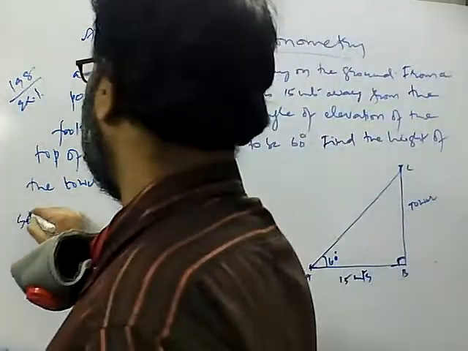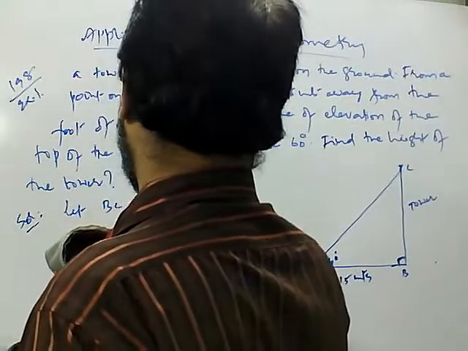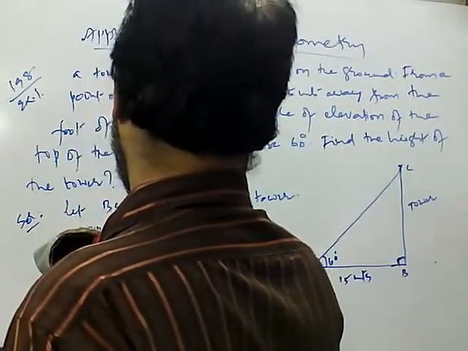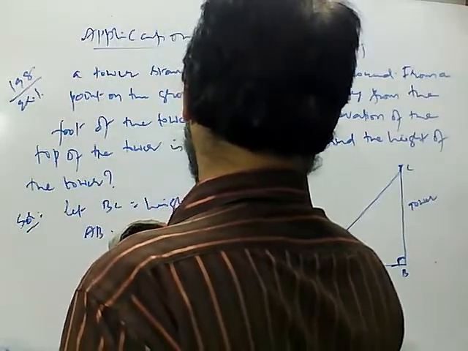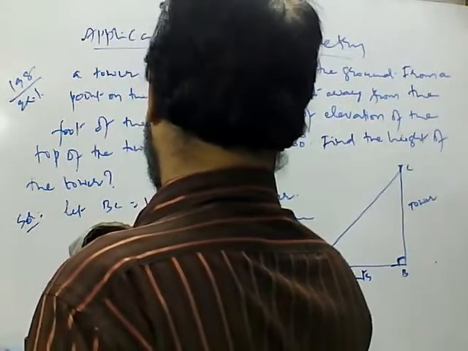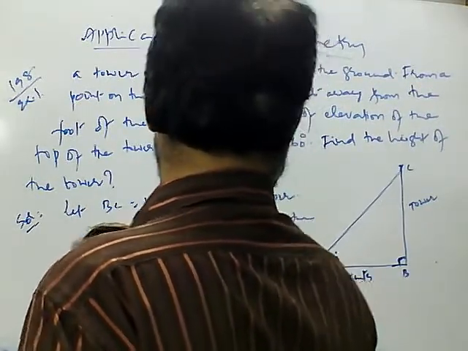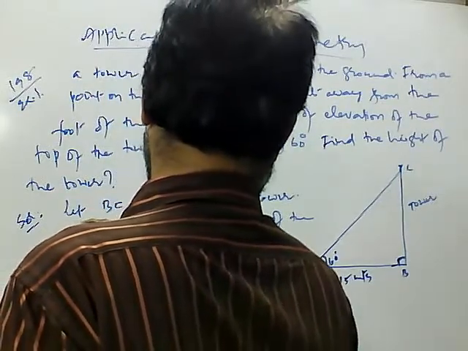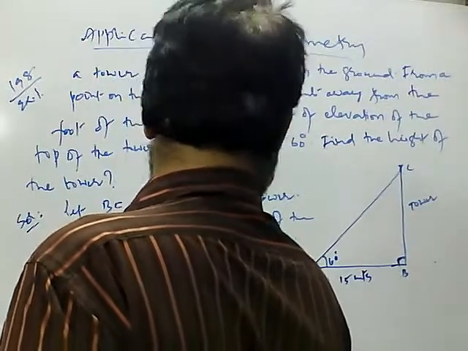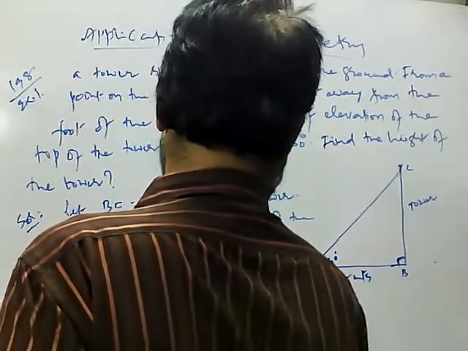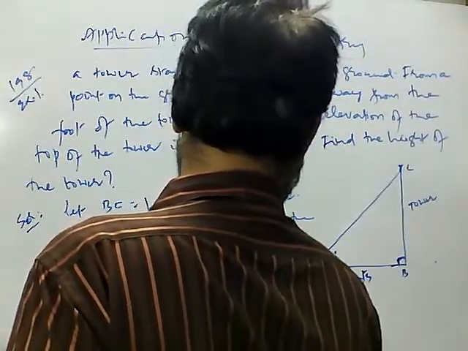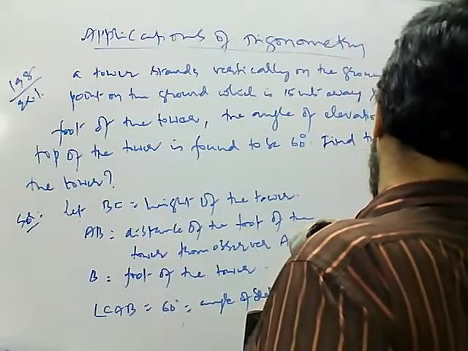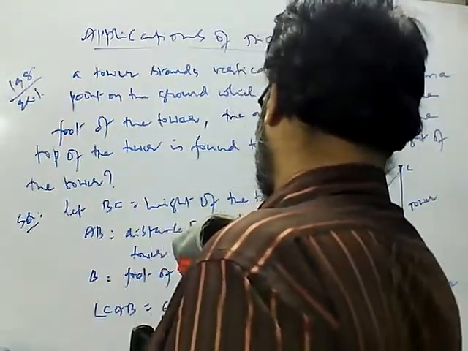Okay, so solution. Height of the tower. AB is the distance of the foot of the tower from observer A. B is the foot of the tower, and angle CAB is equal to 60 degrees as the angle of elevation of the top of the tower from A, the point of observation.